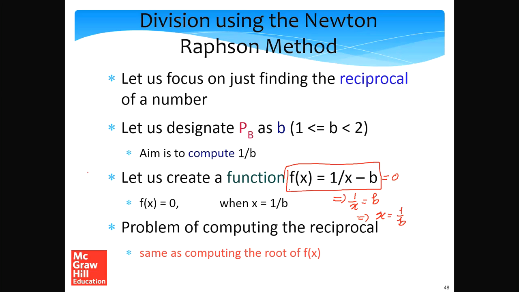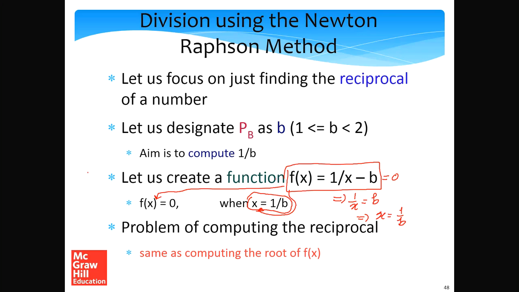So the problem of computing the reciprocal, right? The reciprocal of b is the same as computing the root of f(x). So the root of f(x) is where f(x) becomes 0. And where does f(x) become 0? Well, f(x) becomes 0 when x is equal to 1 by b. See, if I can take this equation and find the point where it becomes 0, then essentially I'll find that point where x is equal to 1 by b, and that is the reciprocal which we want to compute, right?